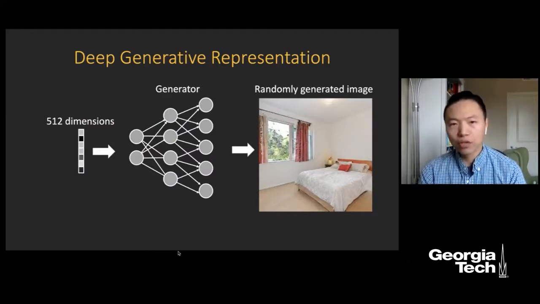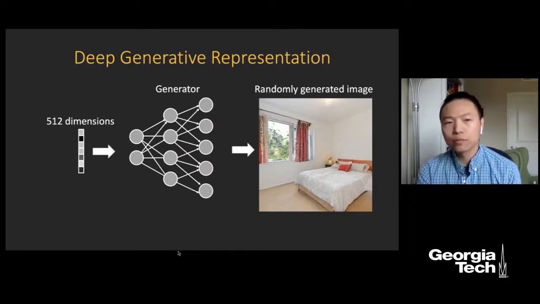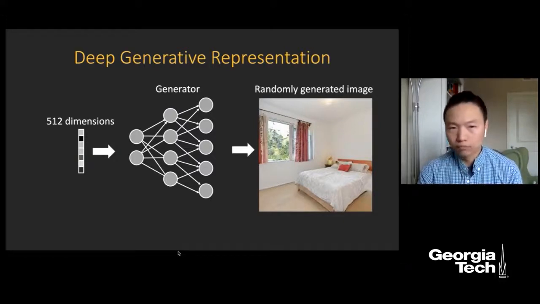Here we have a GAN generator. This generator is basically just a convolutional neural network. We have a latent vector as input, usually sampled from some random distribution. It's a 512-dimensional random vector that is fed into the generator, and then the generator can synthesize a realistic image.